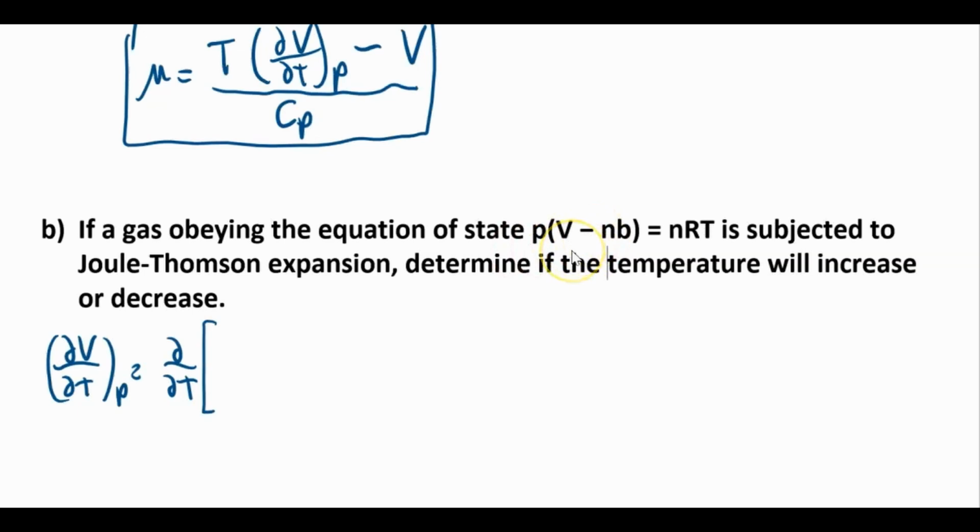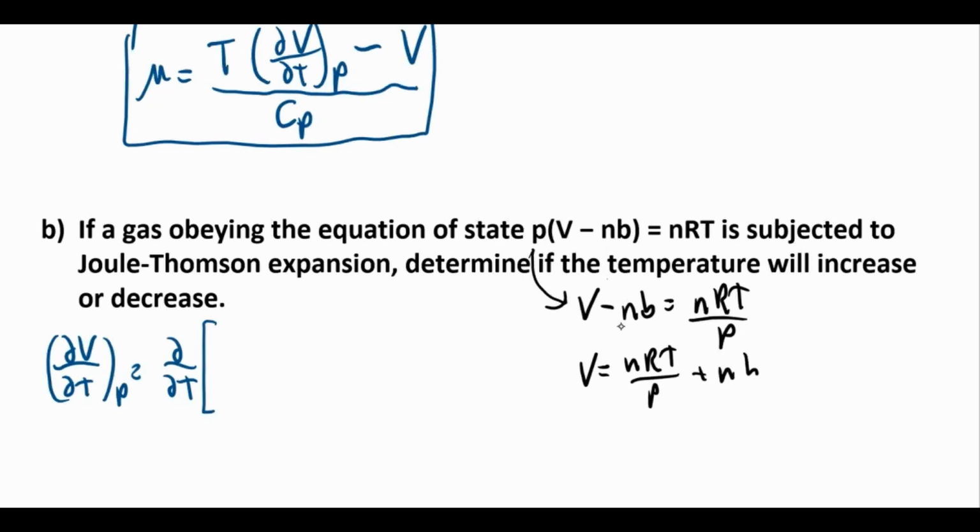Oh, we need to solve for volume first. So let's solve for volume here. We'll divide both sides by P. So V minus nb equals nRT over P. And add nb to the other side. So V equals nRT over P plus nb.